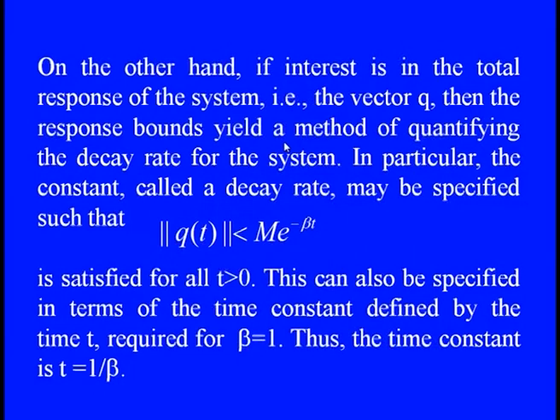In particular, a decay rate can be considered as: the modulus of q of t is always less than some matrix M times e to the power minus beta t, which is satisfied for all values of t greater than 0. That can be specified in terms of the time constant. When beta is not equal to 0, we get the time constant T equals 1 by beta, because of the exponential factor e to the power minus beta t.